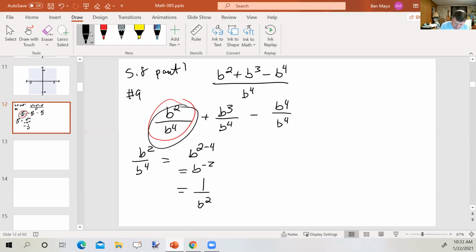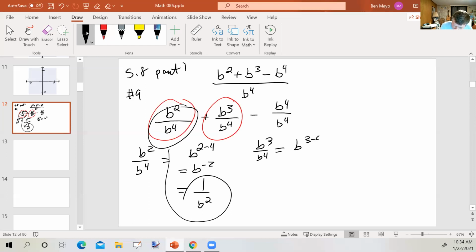So this term becomes that. All right, let's take a look at this second term. Very similar situation, b cubed over b to the fourth, b to the 3 minus 4, b to the -1, 1 over b. So this term becomes that term.